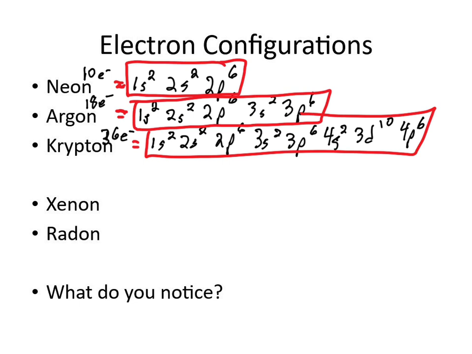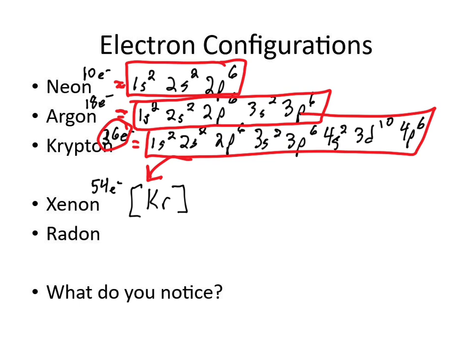Okay, so for example, xenon has 54 electrons, but instead of doing the first 36 electrons, I'm going to say, hey, let me just use krypton's electron configuration here, Kr, and then continue on from krypton.